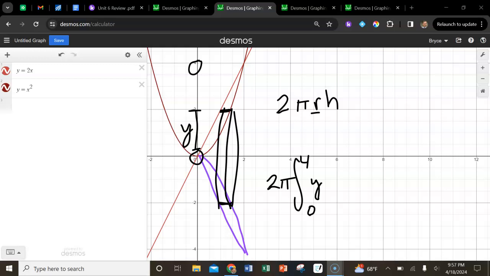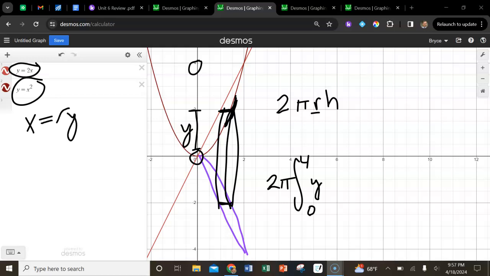Okay, and then the height is essentially going to be the same way we did the area. It's going to be right minus left or top minus bottom. So in this case, it's right minus left because my rectangle is laying down. So we're going to go the right function which is this, but I would have to change that and make that x equals the square root of y.